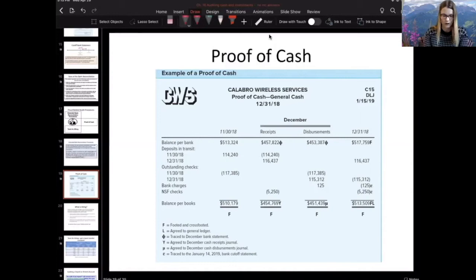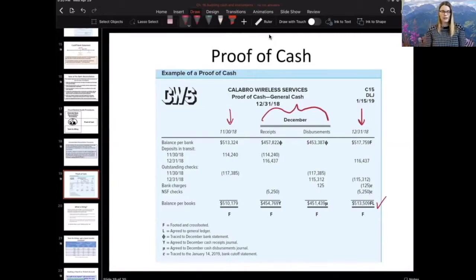So you start off the schedule basically with the reconciliation, bank to book, for November. You end with the reconciliation, bank to book, for December. With a proof of cash, what I'm really testing is that the cash receipts and cash disbursements that the company has recorded during the period are correct.